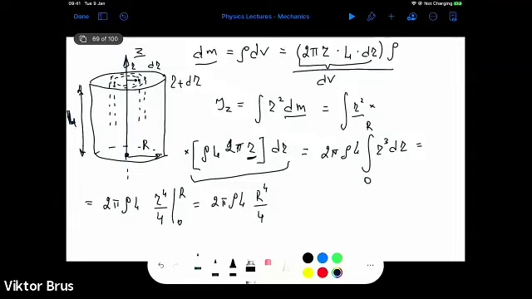Okay, so this we already did. So here we can cancel out the 2 and the 4. So eventually we get pi rho L r to the fourth power divided by 2.